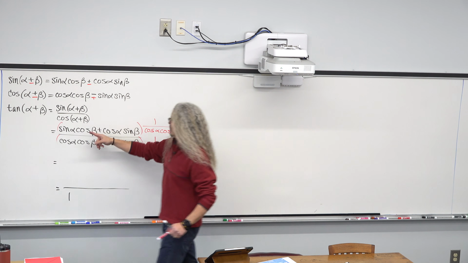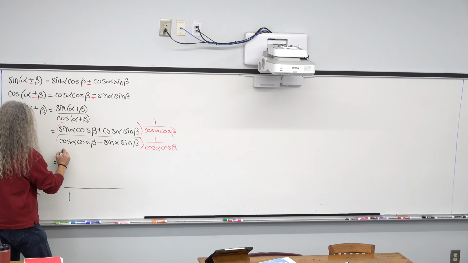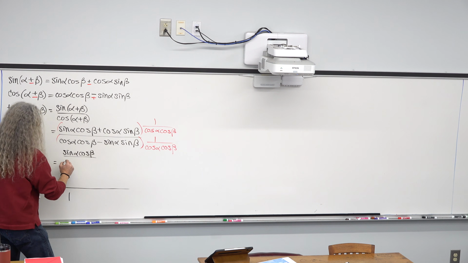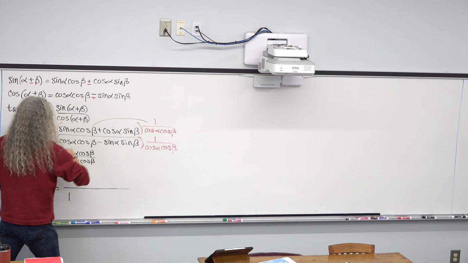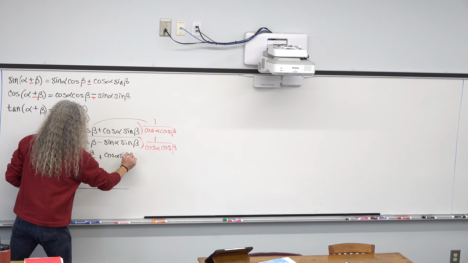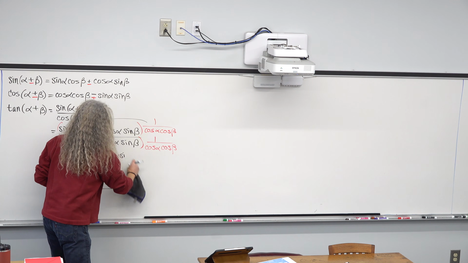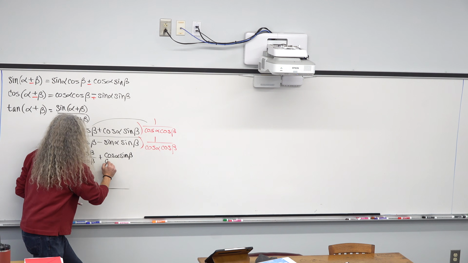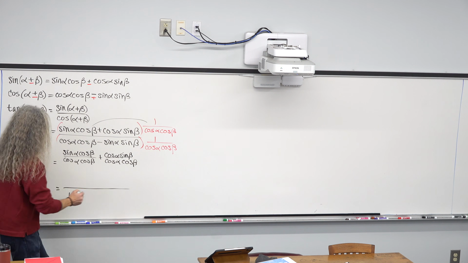So when we multiply the numerator and denominator by 1 over cosine alpha, cosine beta, we have sine alpha, cosine beta over cosine alpha, cosine beta, then plus cosine alpha, sine beta, divided by cosine alpha, cosine beta. That's our new numerator.